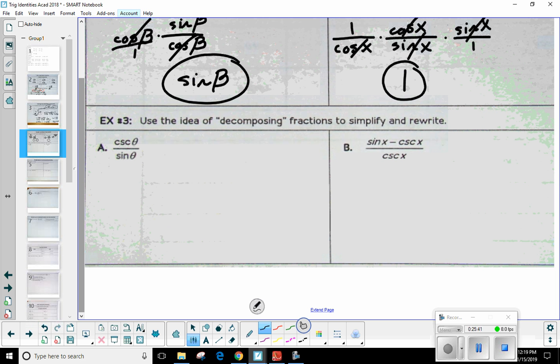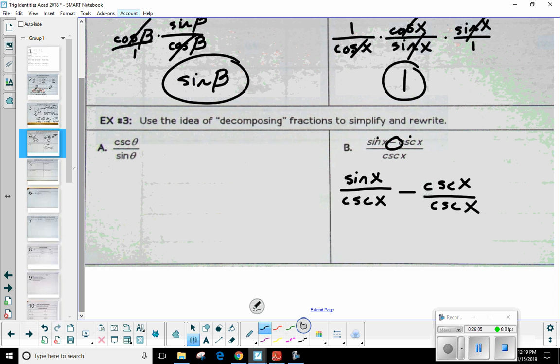I would go ahead and break these two numerators up over the common denominator. So I would say sine of x over cosecant of x minus, because that's the symbol I have, cosecant of x over cosecant of x. I might approach it that way. You see how it's a lot easier now than a big fraction with littler fractions?